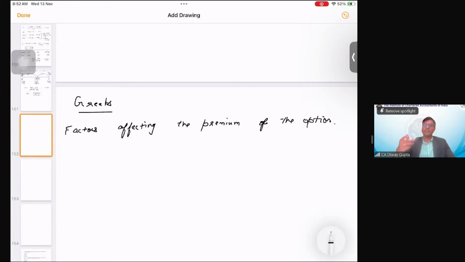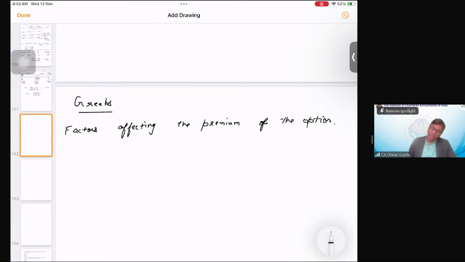Can anyone tell me one Greek we have covered just now? What is that one factor that affects the premium of the option? Just now we discussed delta. Very good. But what is the factor which affects the price of the option in delta? Spot price. Very good.